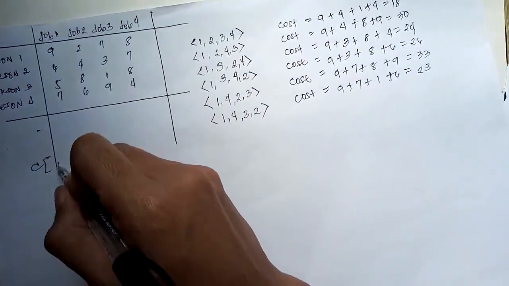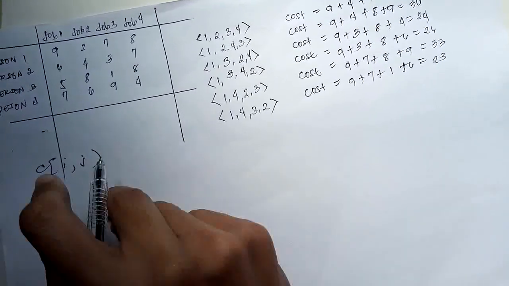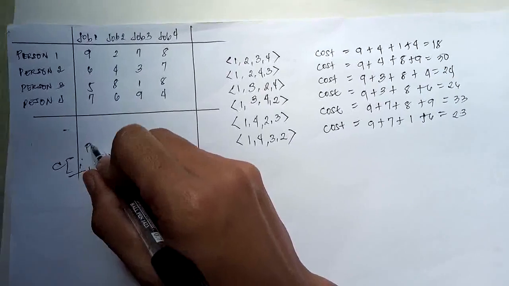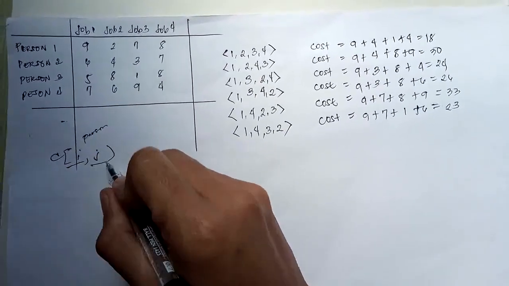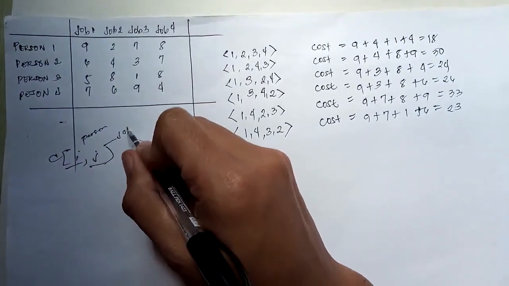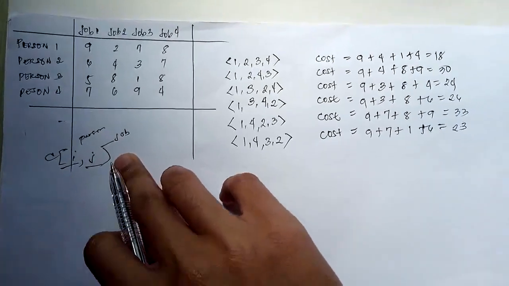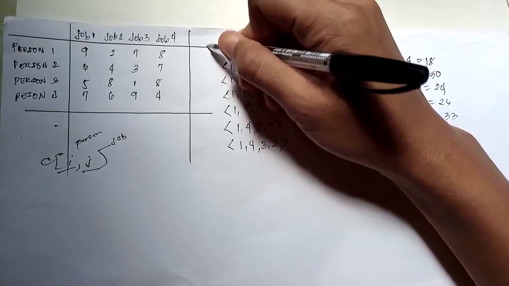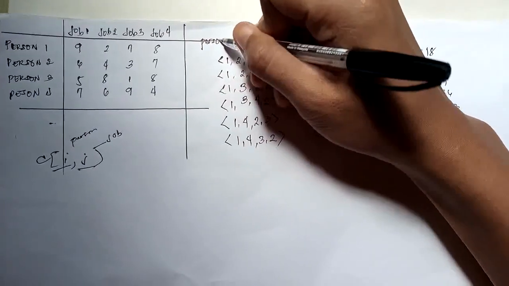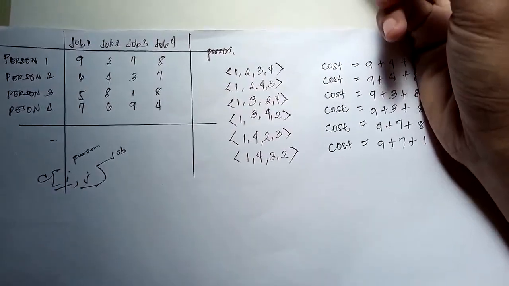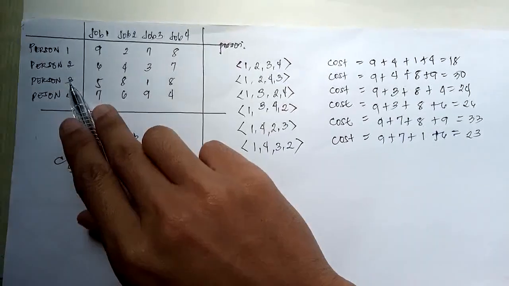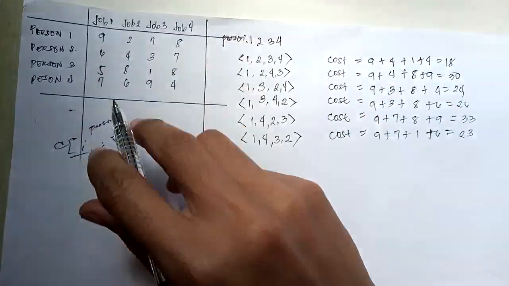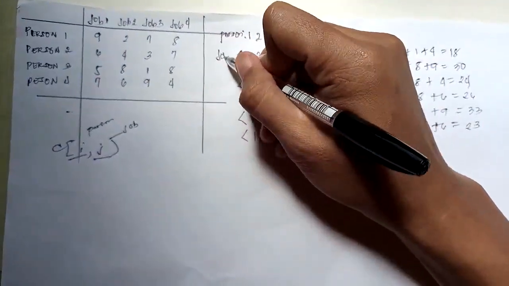The i here is the person and the j here is the job. First we put here i, which is the person. We have persons 1, 2, 3, and 4 here, and we also have 4 jobs.